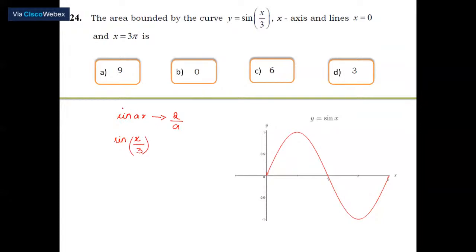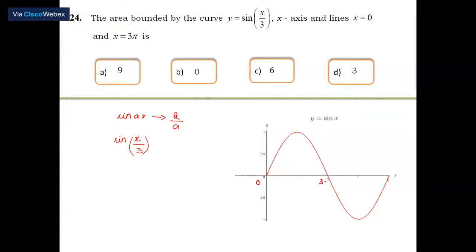Okay, we know that the area of one complete arc below sine ax is 2 by a. And here it is asked to find between x is equal to 0 and x is equal to 3 pi. When x is 3 pi, here we are going to get sine pi, and the value of sine pi is 0.